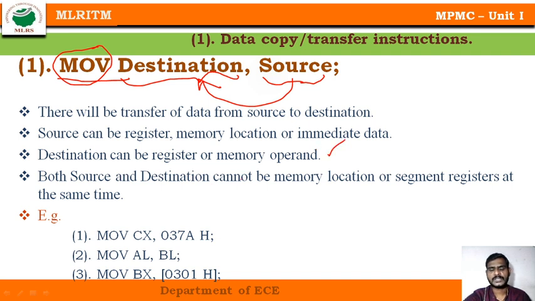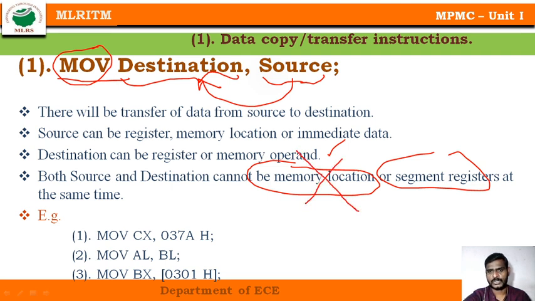Both source and destination cannot be memory locations, nor can they be segment registers. Which means that if I want to copy or move data from one location to another, both cannot be memory locations. For example, MOV CX, 037A, where CX is the destination and 037A is immediate data.